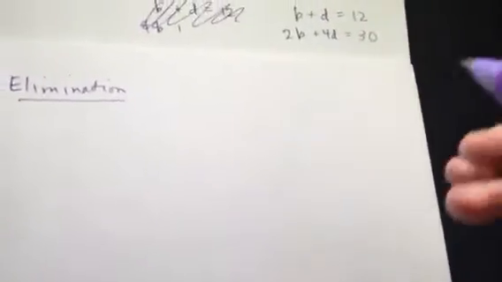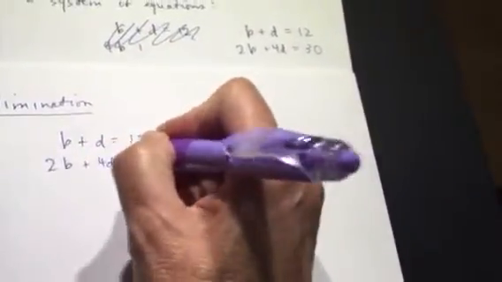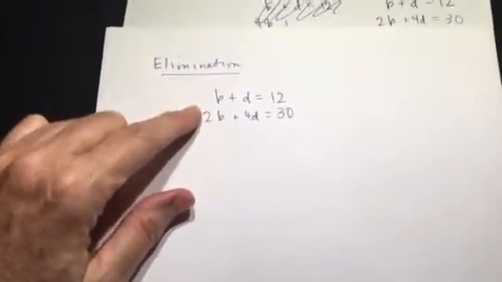So I have b plus d equals 12, and 2b plus 4d equals 30. You have a lot of choices on elimination. I could look at this system and think like this.